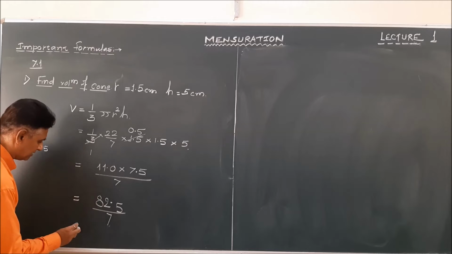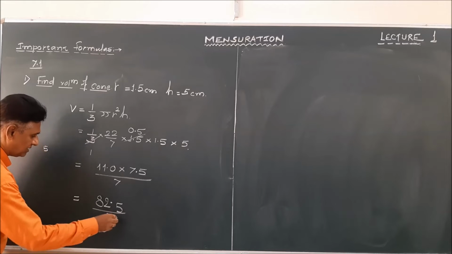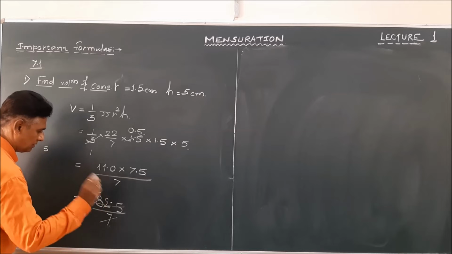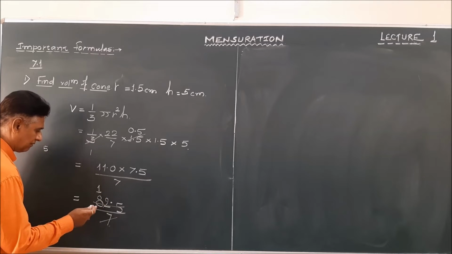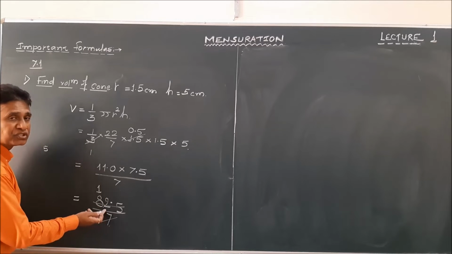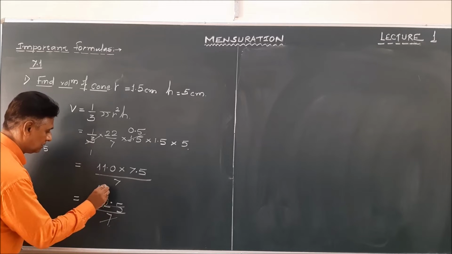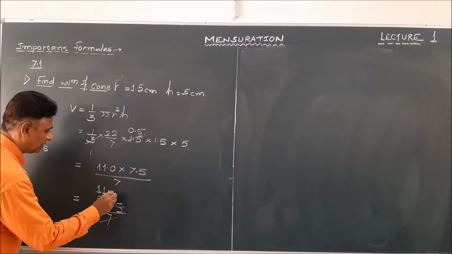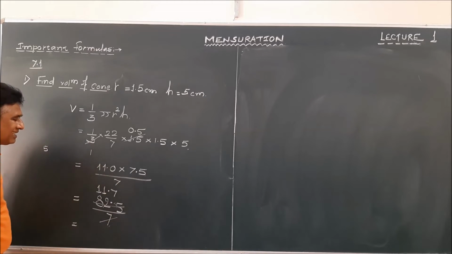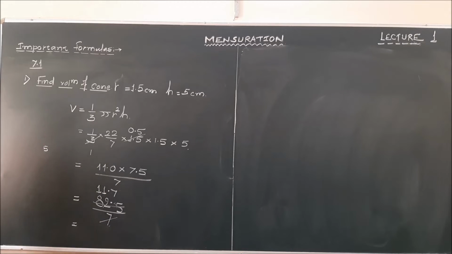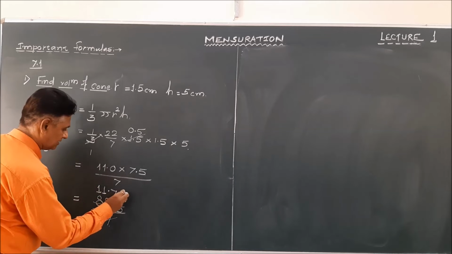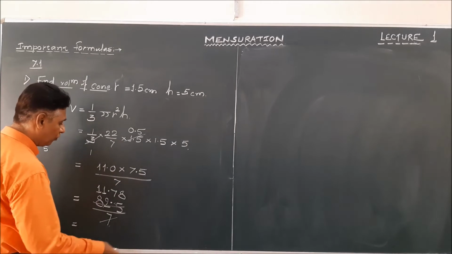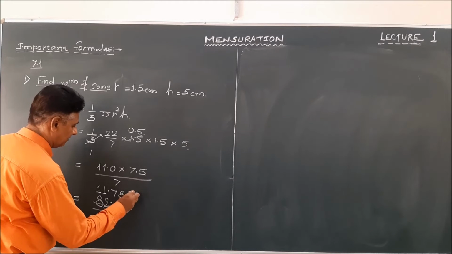Now divide this by 7. 7 ones are 7, again 7 ones are 7 plus 1 is 8, it becomes 12. Remainder is 5. 7 sevens are 49, remainder is 6, 7 8s are 56, remainder is 4, 7 5s.